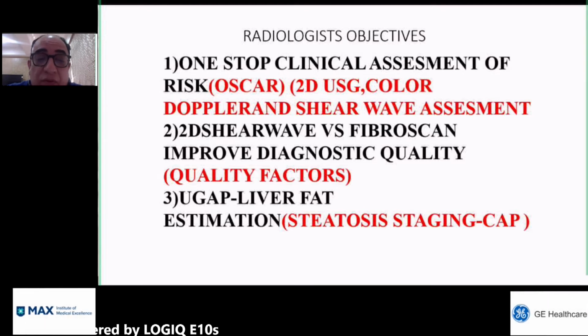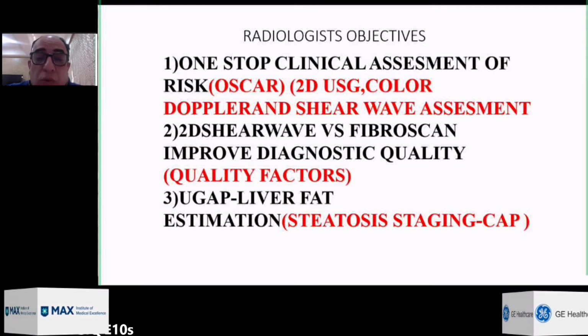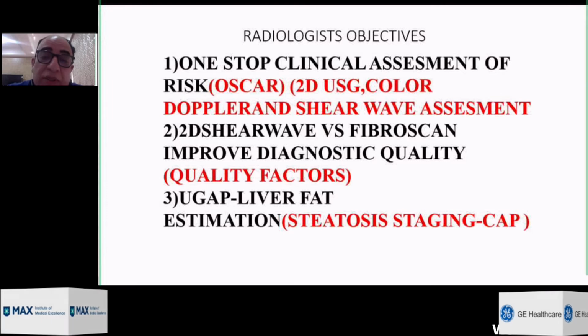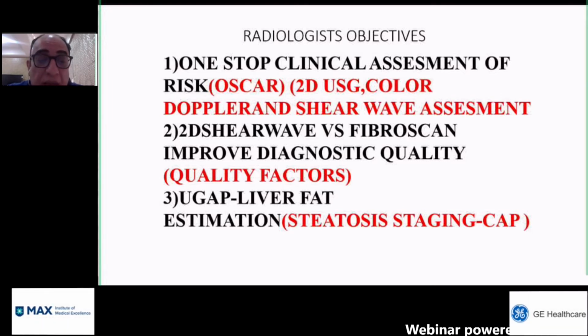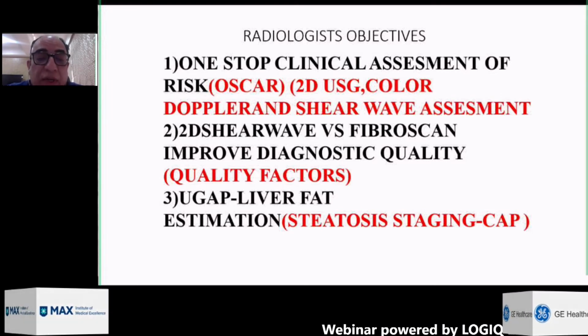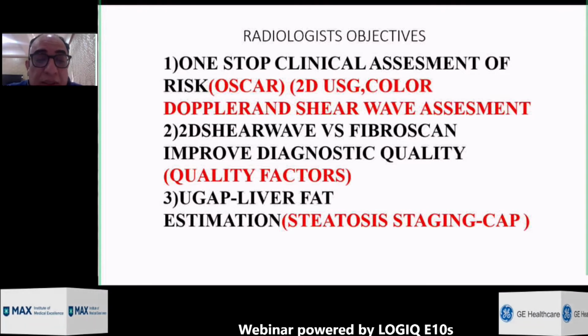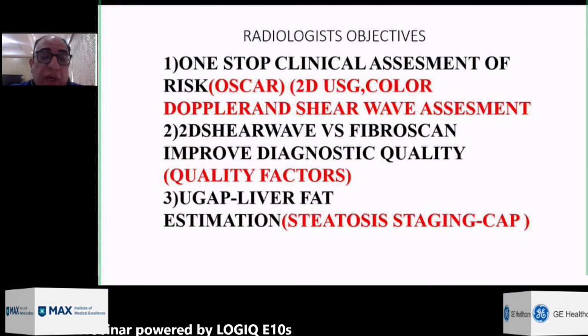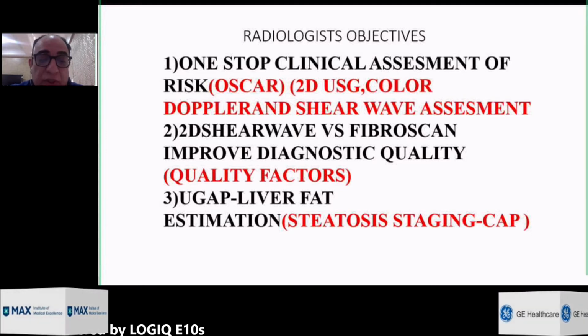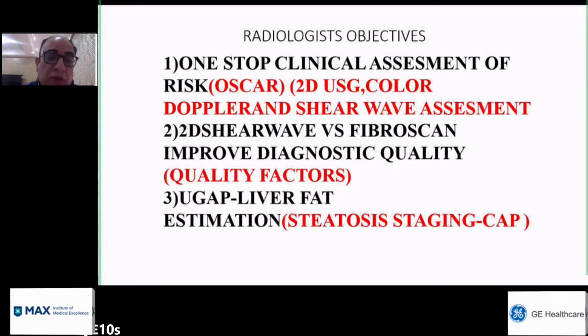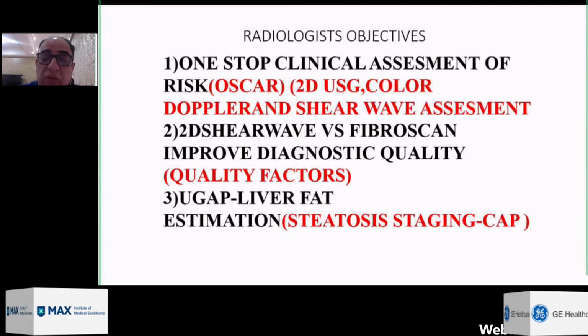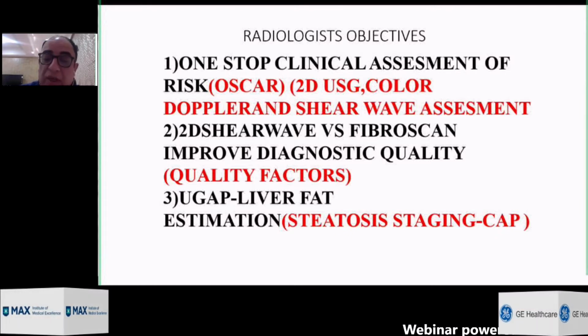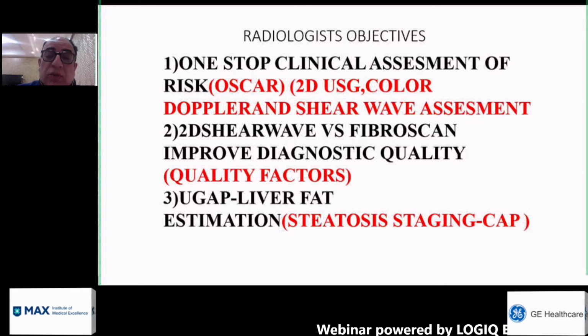At the end of the day, we want good results. We don't want a figure given to a patient which is arbitrary. We need to be convinced ourselves that we are giving a good quality value. And as he also alluded, we now have liver fat estimation with ultrasound called UGAP, ultrasound guided attenuation parameter, which is similar to this CAP steatosis staging.